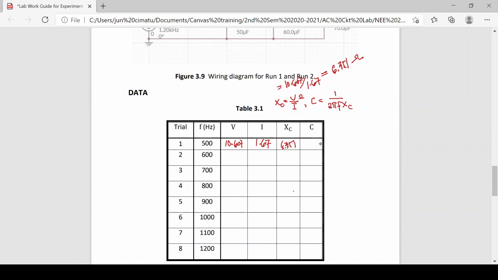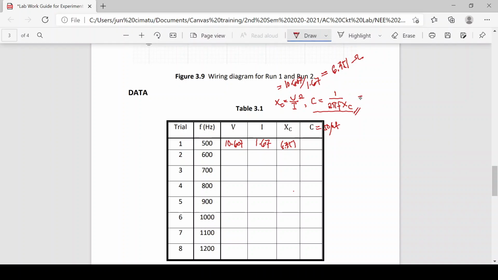Now the capacitance connected in the circuit is actually 50 microfarad, but we can verify this using the formula. Capacitance equals 1 over 2 pi f X sub C, and we calculate the capacitance based on the calculated value of reactance. This would be 2 pi, this is 500, the X sub C is 6.351.